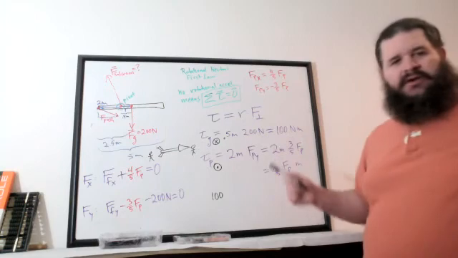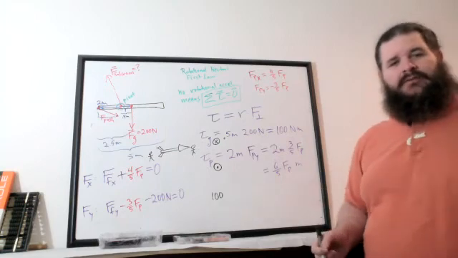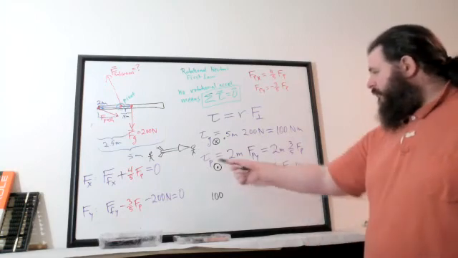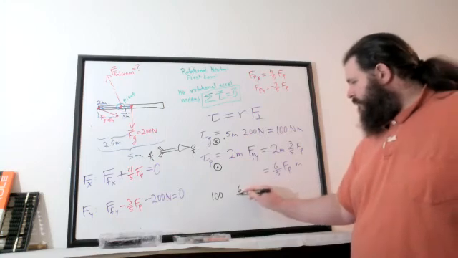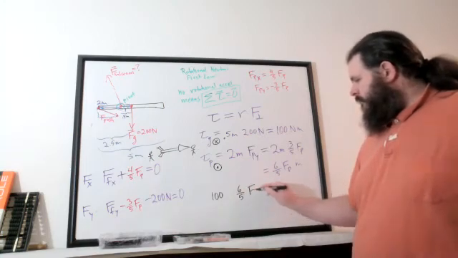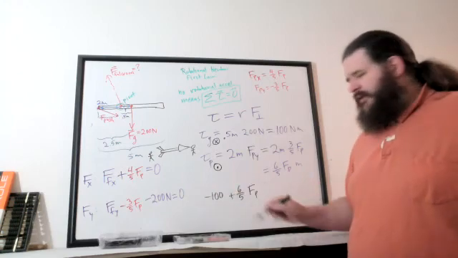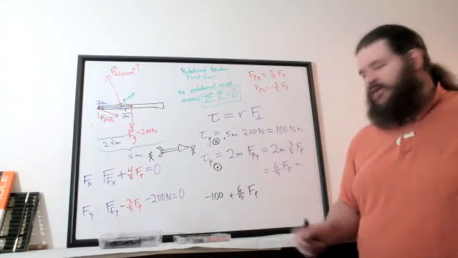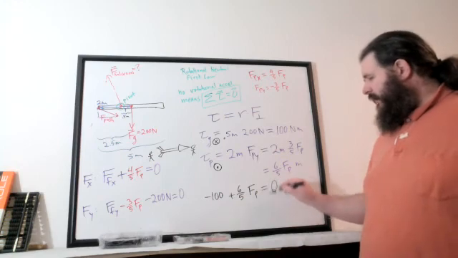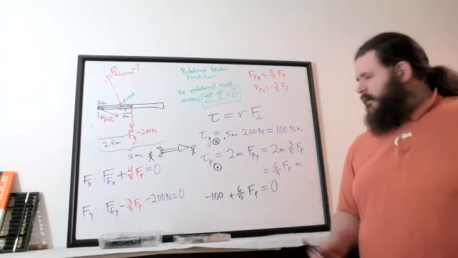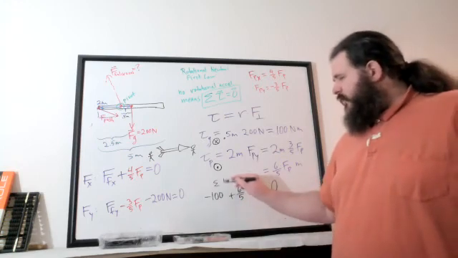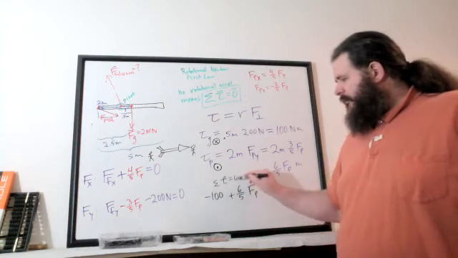I'm going to leave off the units here because it looks like everything's going to work out to newton meters anyway. Torque from the push. Let's say one of them is negative and one of them is positive. Doesn't really matter which is which as long as you're consistent about it. And they've got to add up to 0. So this is the sum of the torques adding up to 0.